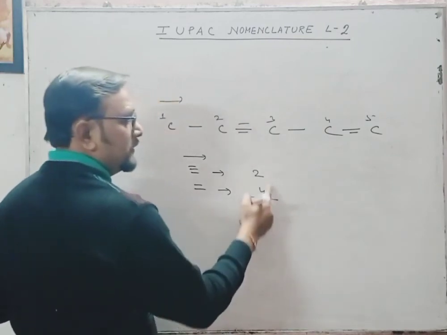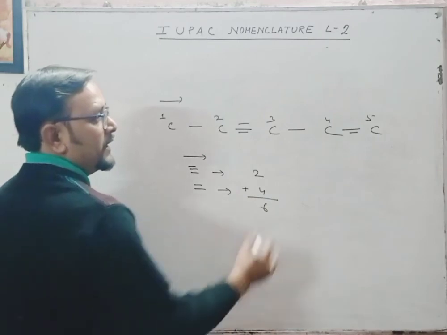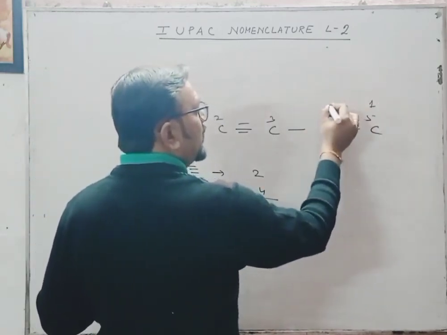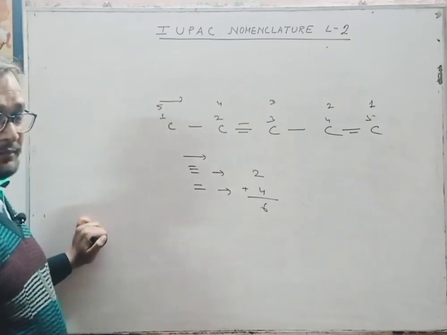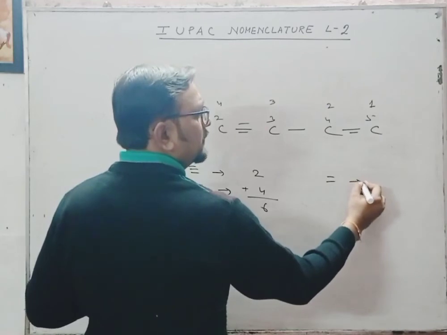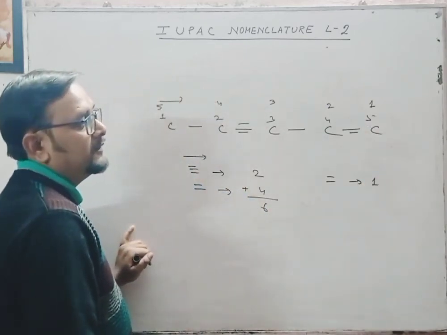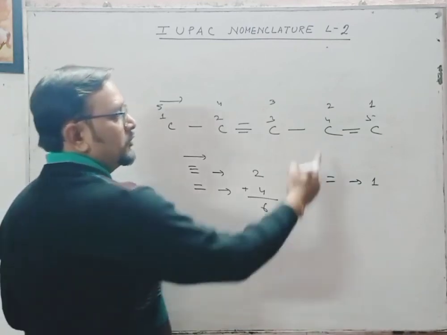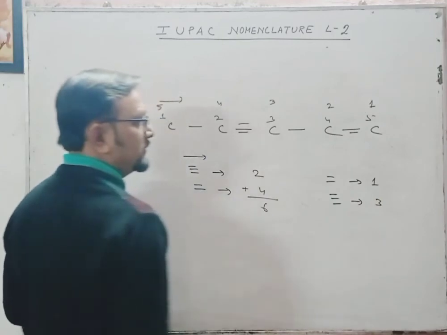So what summation do you get? The summation is 6. If I start numbering from this side, 1, 2, 3, 4 and then finally 5 here, the double bond gets the locant 1, and 2, 3, the triple bond gets the third position.